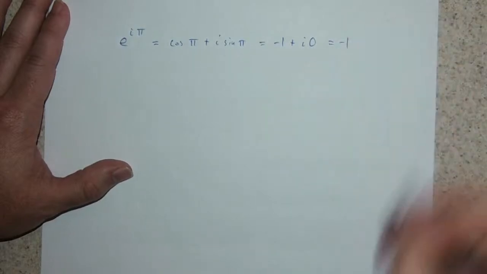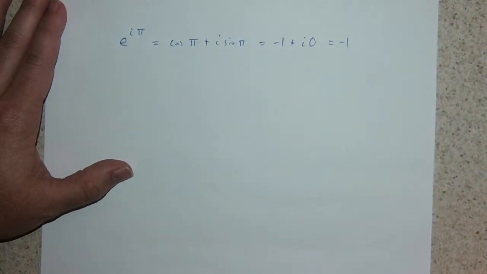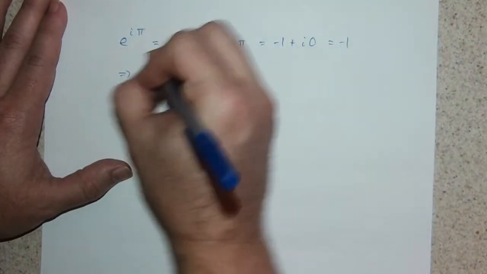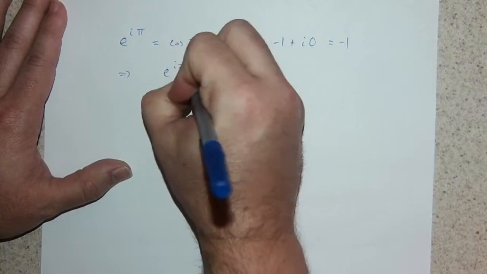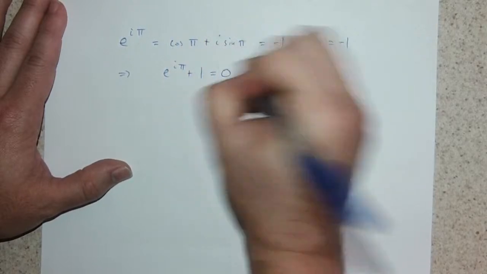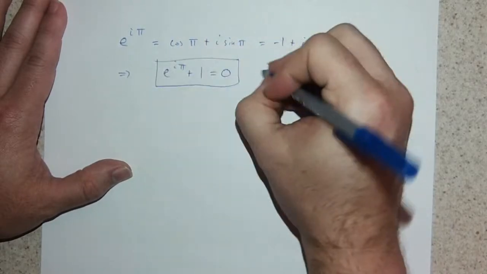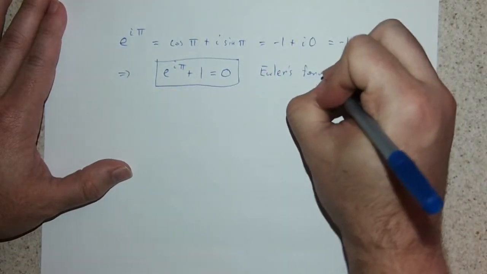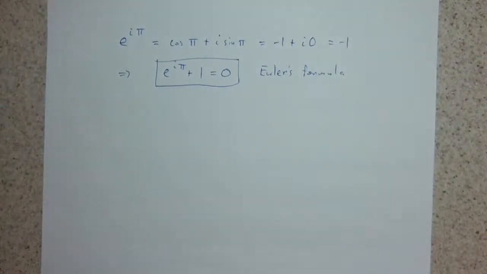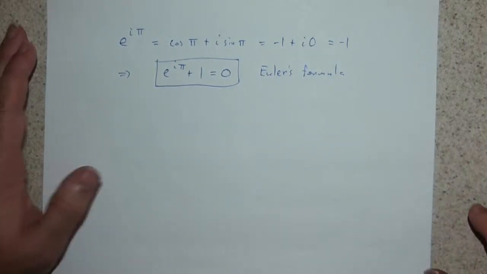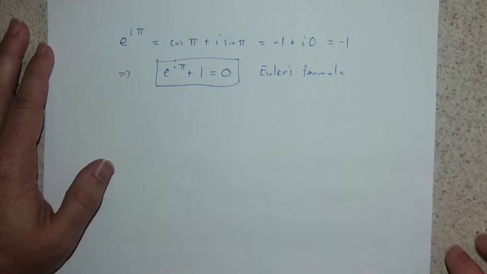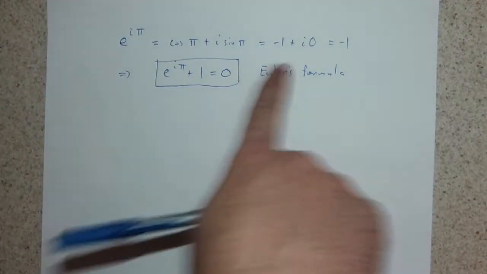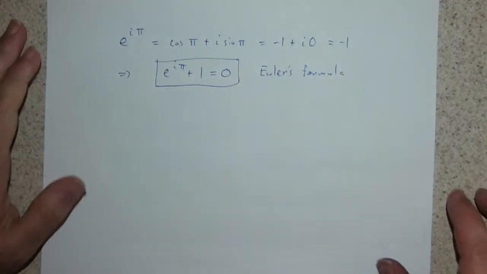So this is just minus 1, which yields the special case of Euler's formula that is typically called Euler's formula itself. Everyone loves this, right? It's relating e, i, pi, 1, and 0, five very important constants in math related by this formula, but this is exactly where this comes from.